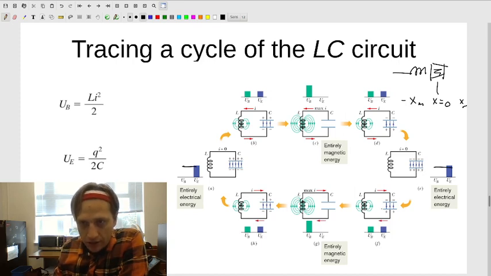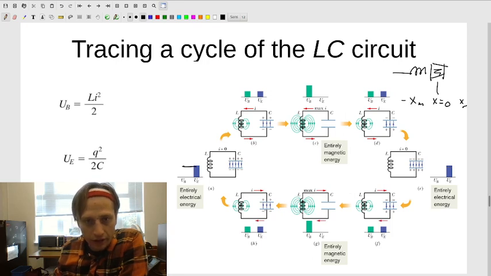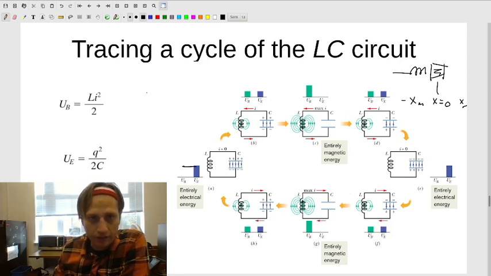And so in the second half of this cycle, the capacitor discharges again, and that current begins to flow the other way through the inductor, which leads the system to have magnetic energy in the inductor instead of electrical energy in the capacitor. And then finally, you get the discharging and you get back to your initial state.